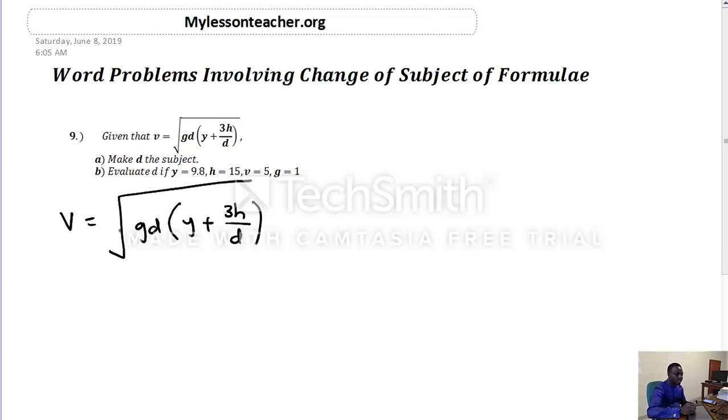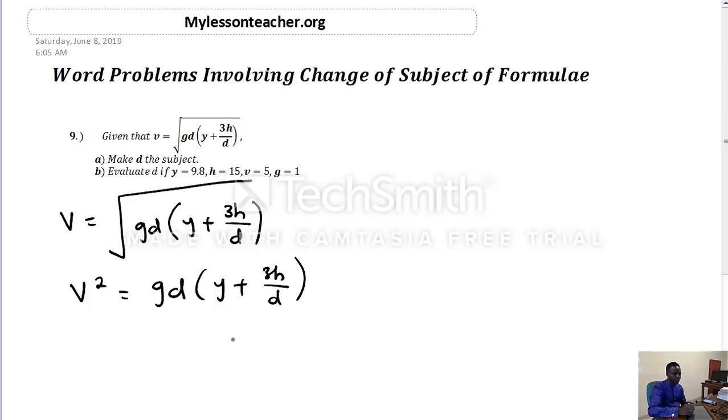First thing is to try and remove the square root sign. And how do we do that? By squaring both sides, so that we'll have V squared is equal to GD into bracket Y plus 3H/D. Our interest is on D.